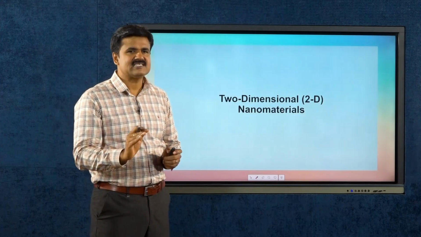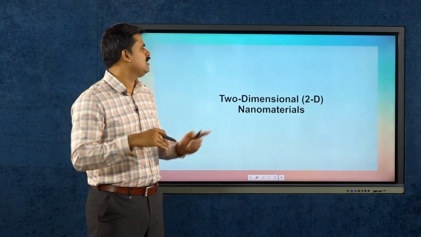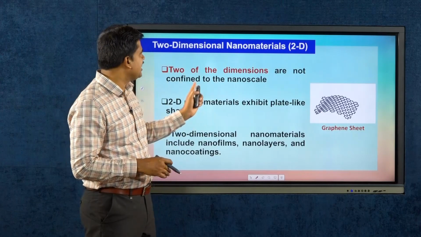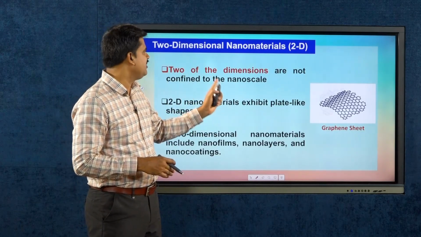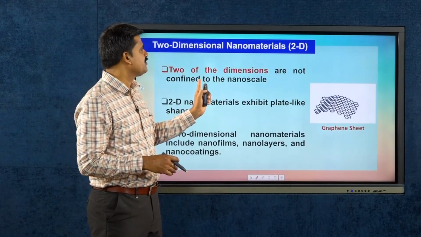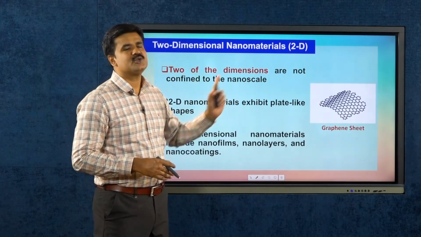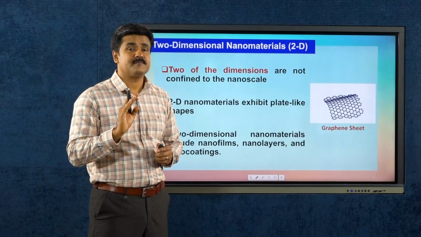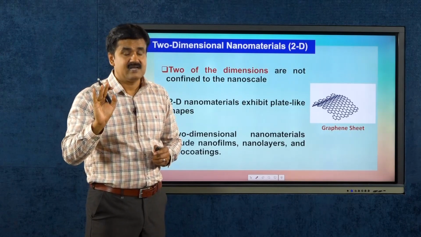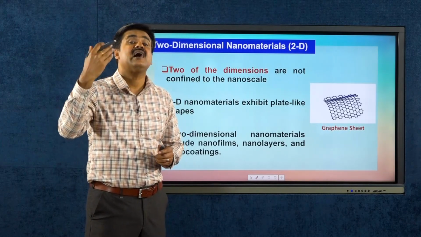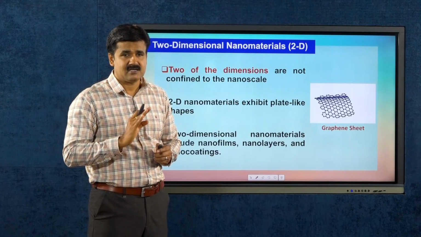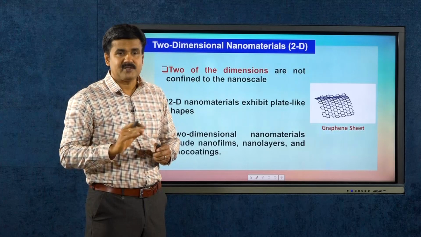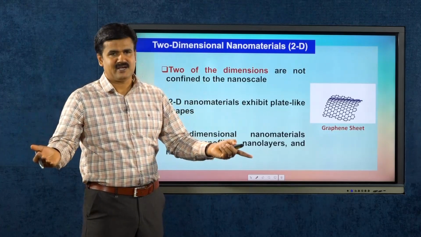By keeping this, we can enter into the definition of two-dimensional nanomaterials. Two-dimensional nanomaterials have two dimensions not confined to the nanoscale. Not confined to the nanoscale means not in the nanoscale. That means two dimensions are higher than the nanoscale dimension. That is, only one dimension is in the nano, two dimensions are outside the nano.